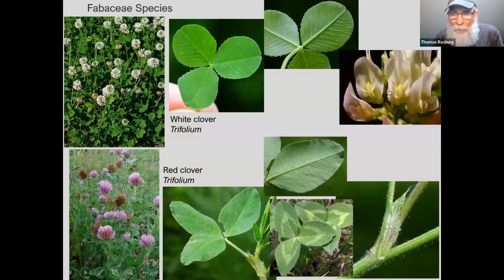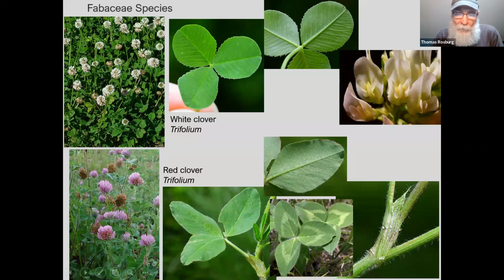Then there's a couple of petals down here that are called the wings. And then there's a couple of petals that are fused together to form this structure called a keel. And the stamens and the pistil are inside that keel. But these papilionoid flowers, again, are common in all of these plants that we're seeing here.